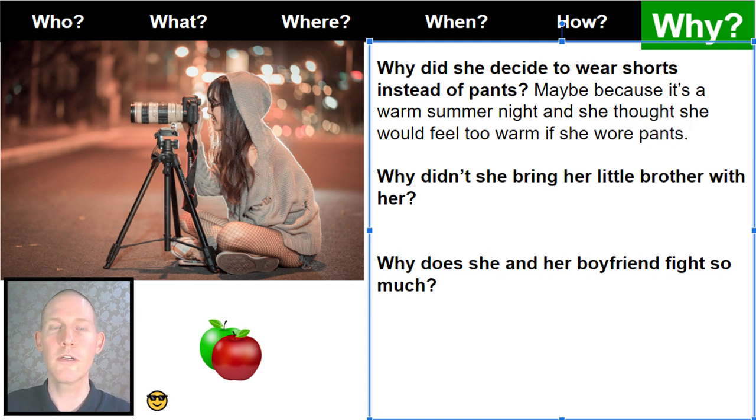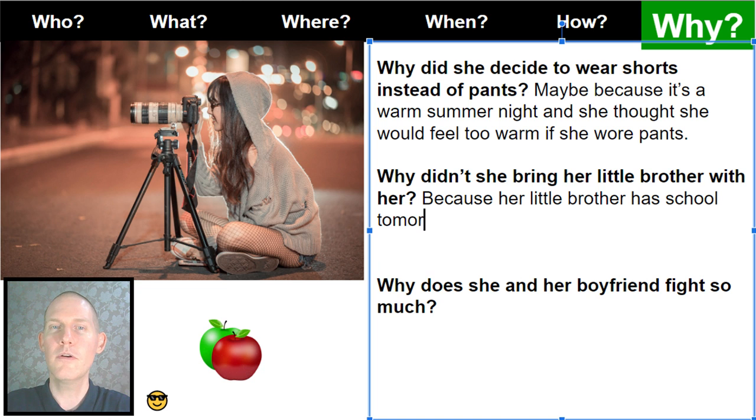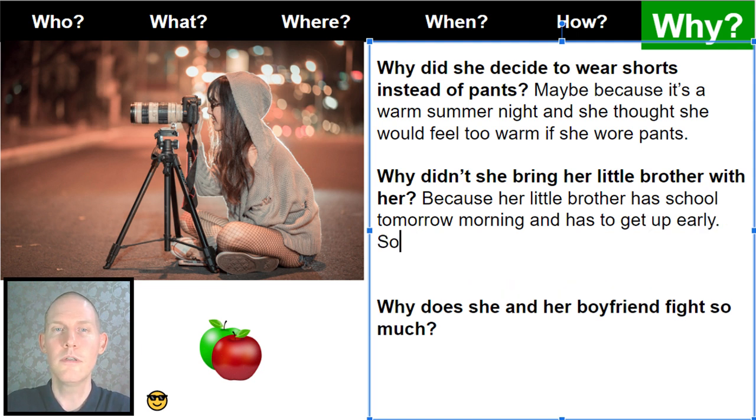So she wore her shorts with her fishnet stockings. Why didn't she bring her little brother with her? Because her little brother has school tomorrow morning and has to get up early. So he's sleeping right now.